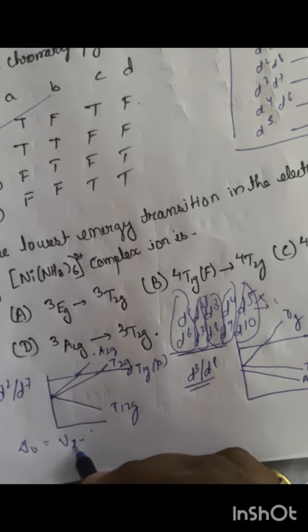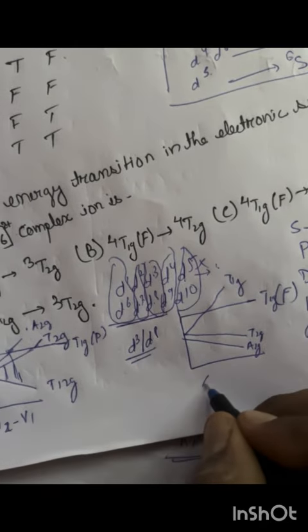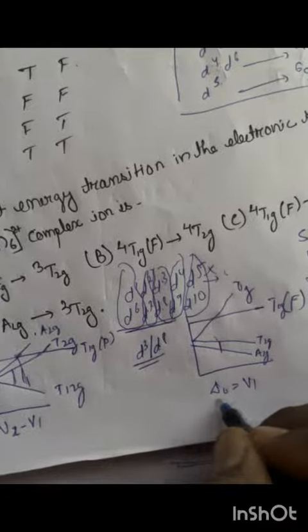For this system, delta node is v2 minus v1, meaning this transition minus this transition. And for this one, for this system, delta node is usually just v1. Only this transition value is the delta node value.